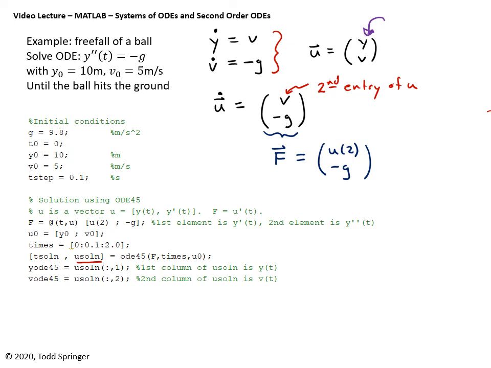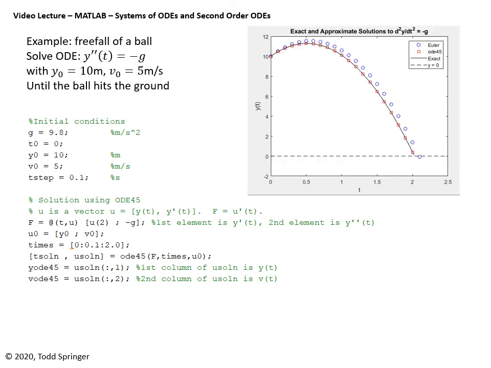I'm storing those two solutions, y and v, pulling out the particular columns of my U solution. All right, so the code is quite simple. I've posted a similar code on D2L, which you can use to play around with. And on the next slide, I'll just show you what it looks like when you run it.